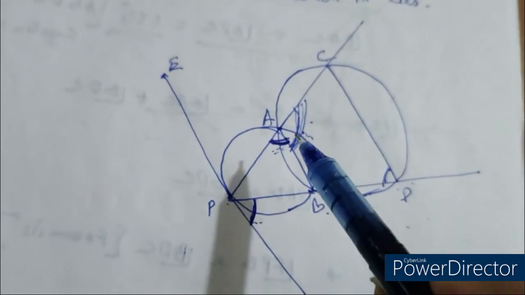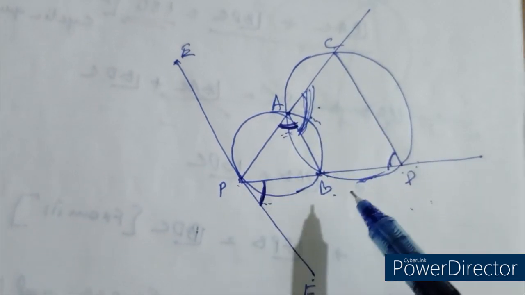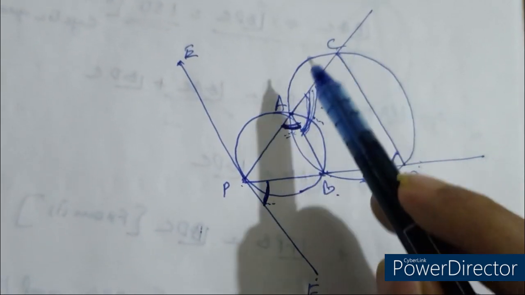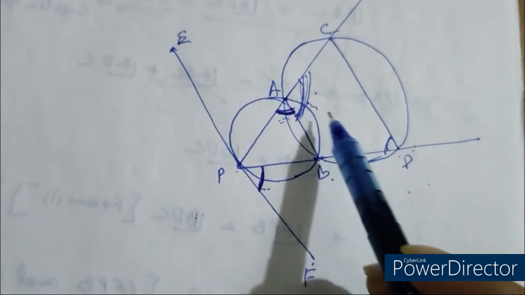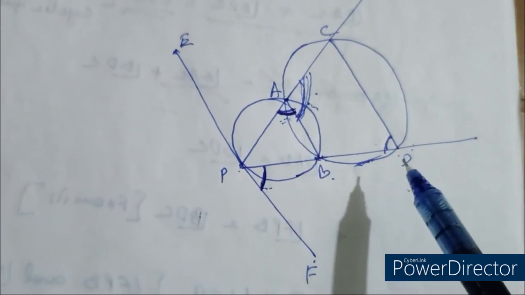Next, you can see that this quadrilateral ABDC is a cyclic quadrilateral, and we know that the sum of the opposite angles in a cyclic quadrilateral is 180 degrees.